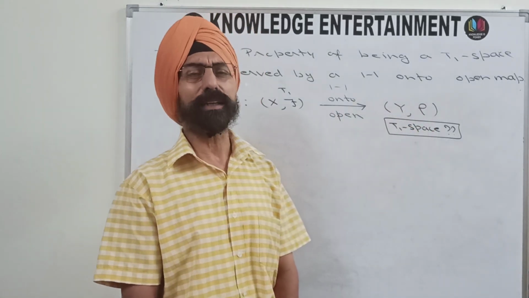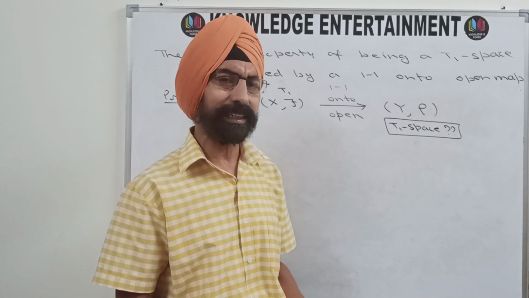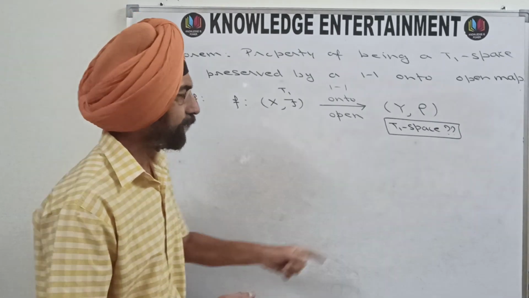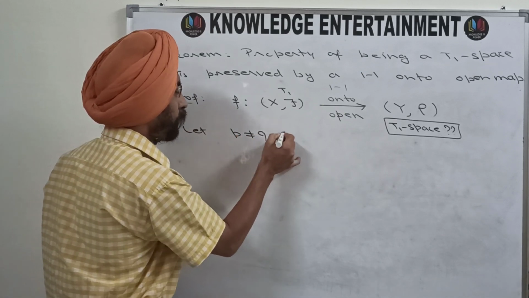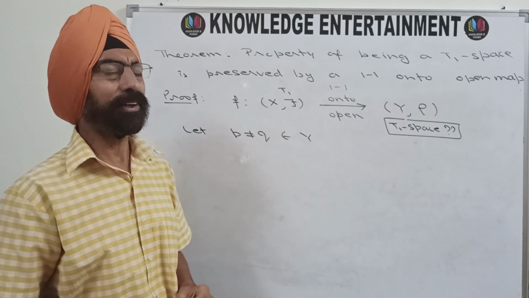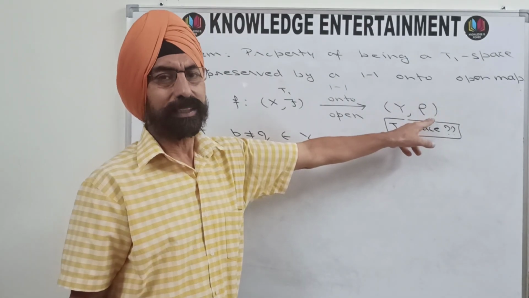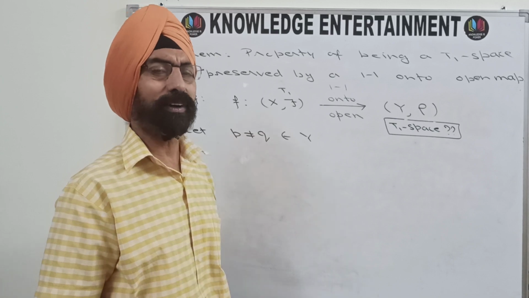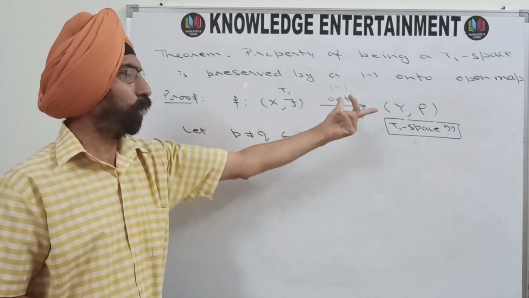I will not name them X and Y; I will name them P and Q, because while taking pre-images, I'll name the pre-images X and Y. Let P not equal to Q be two elements of Y. I'll try to find two rho open sets such that one of them will contain P and not Q, and the other will contain Q and not P, and that will make this topological space Y rho a T1 space.